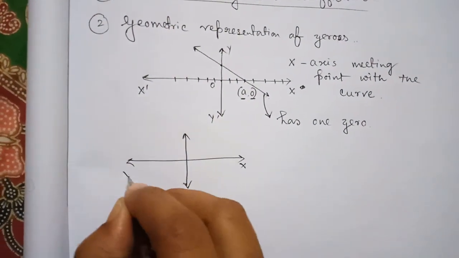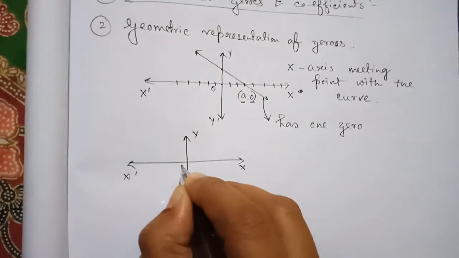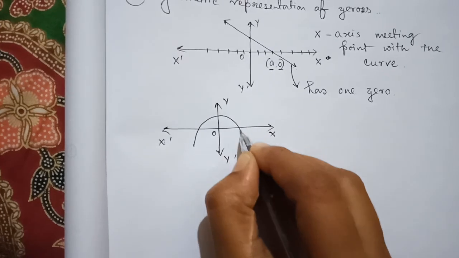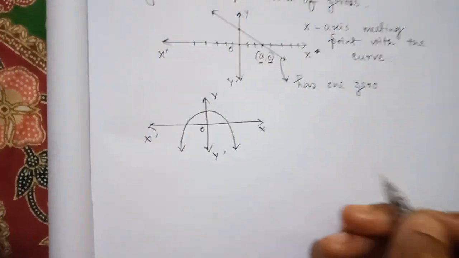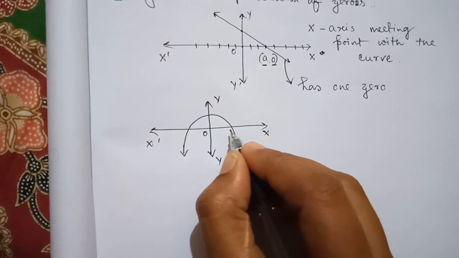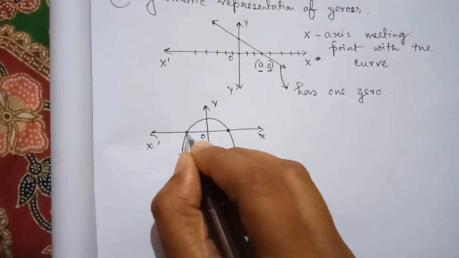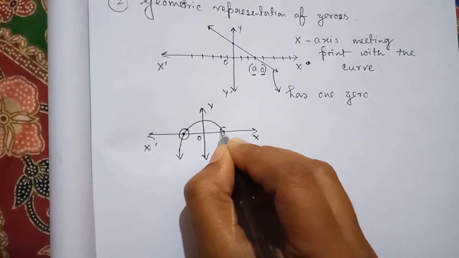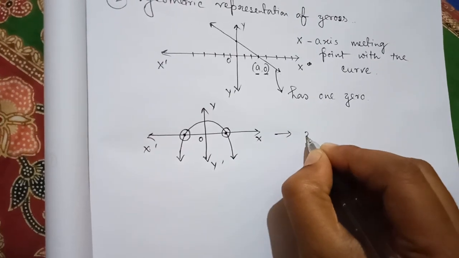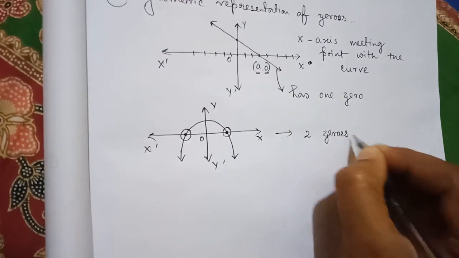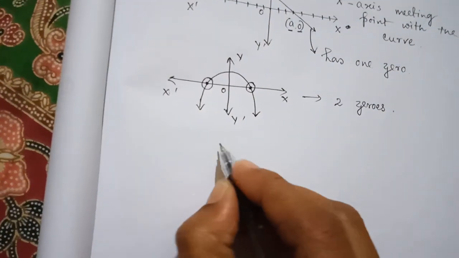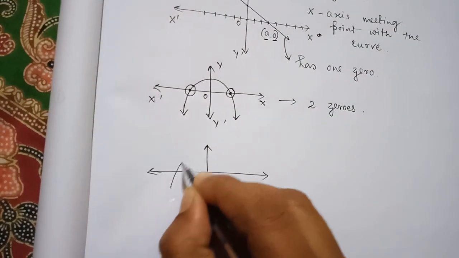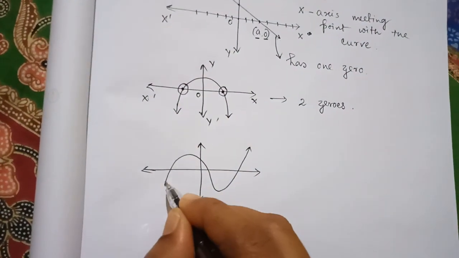Coming to another figure, just some random figures. This is x-axis again, and this is y-axis. This is origin. Suppose the curve is like this. So again I'm telling, we will be looking at the meeting point of the curve with x-axis. So how many? 1, 2, that means 2 zeros, right? In the same way, suppose another one I'm drawing like this.